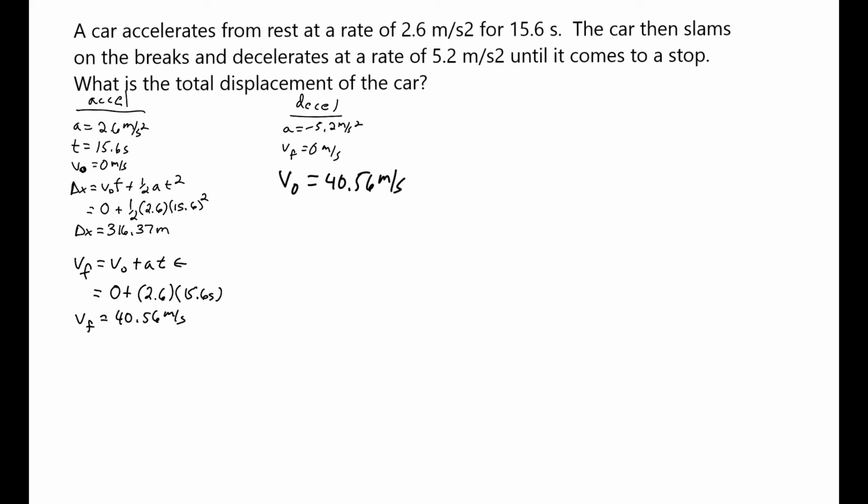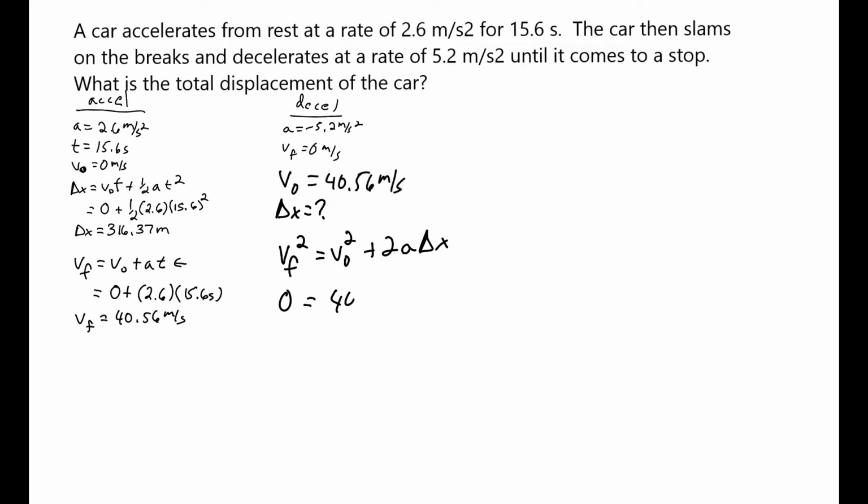Alright. So now we're going to use what we have up here to find the delta x for the deceleration part, the displacement for the deceleration part. So we're looking for delta x. What equation has acceleration, final velocity, initial velocity, and delta x? 4. So we're going to say Vf squared equals V0 squared plus 2a delta x. So Vf is 0.